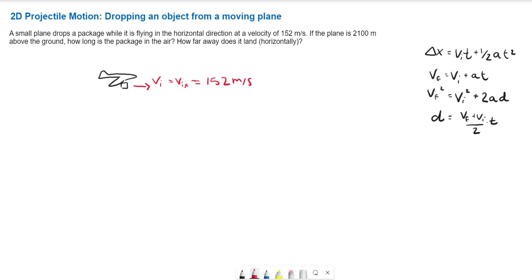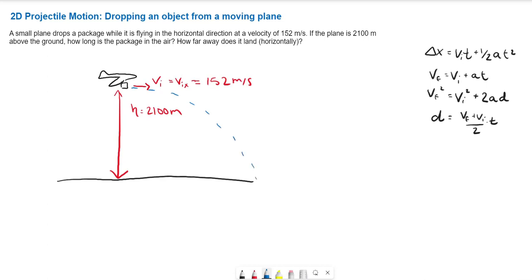We also are told that the plane is 2,100 meters above the ground. So this is our height. And we'll say this is the ground here. So this package is going to follow a path like this.